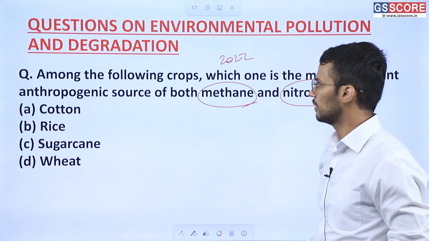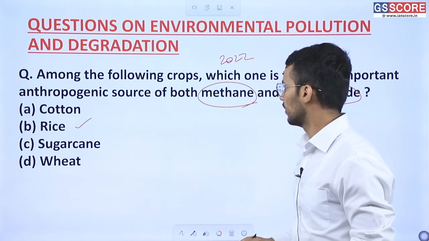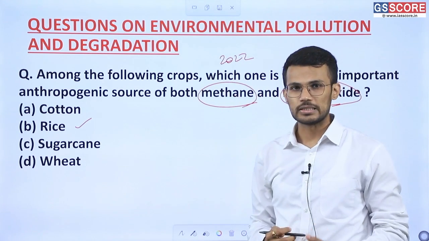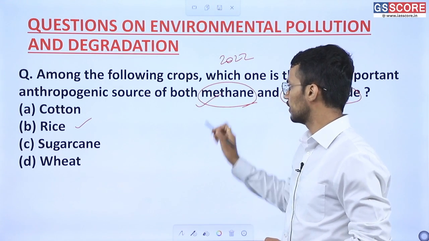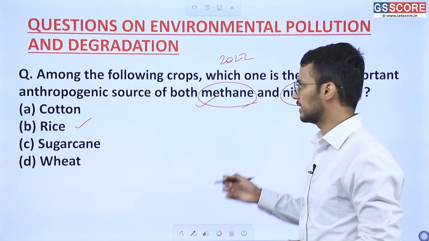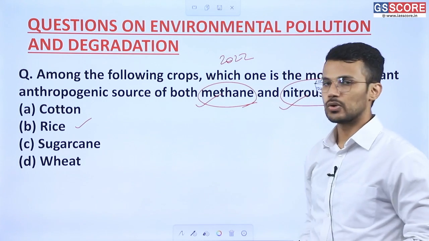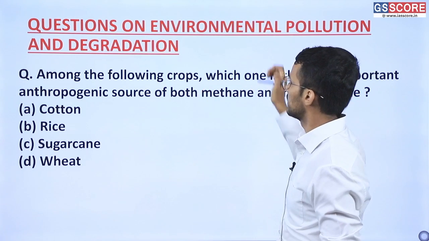Right. So we know that rice or paddy cultivation, where we are also using various kinds of fertilizers. So as a result of paddy cultivation, there is release of methane, and through the use of fertilizers, there is release of nitrous oxide, right? So that was the question asked in 2022's prelims exam.